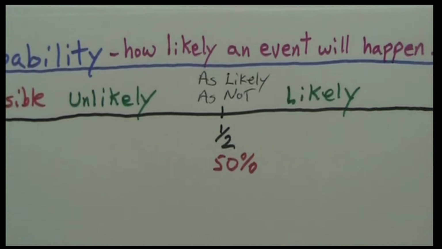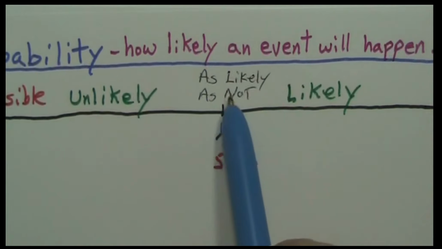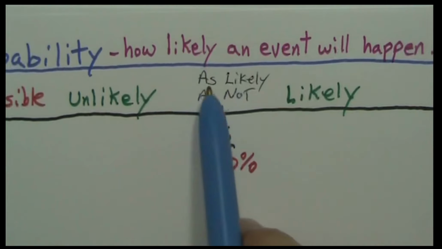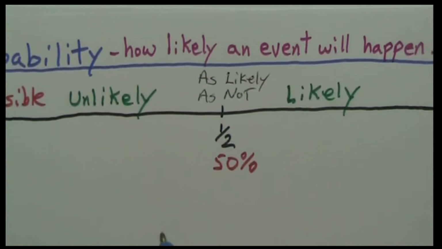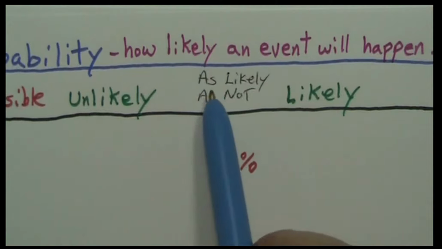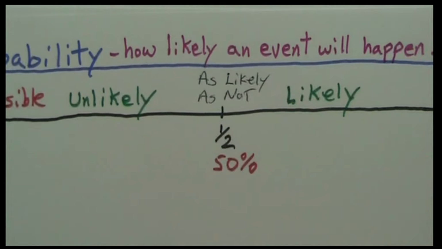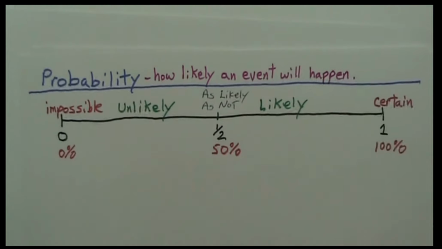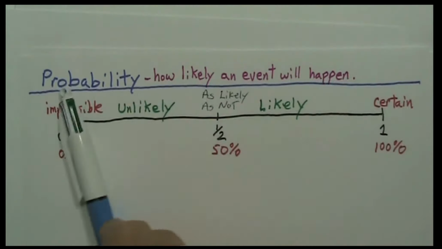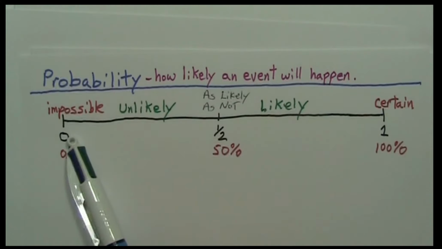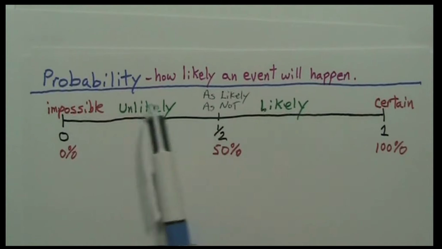So the chances of it happening are as likely as not. Some students, we call it ALAN, A-L-A-N, as likely as not, instead of always saying that over and over again. Okay, so probability is on a spectrum. It's either certain, 100% certain, impossible, or somewhere in between.